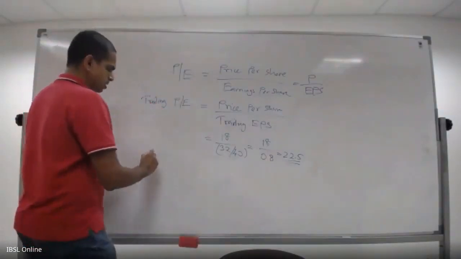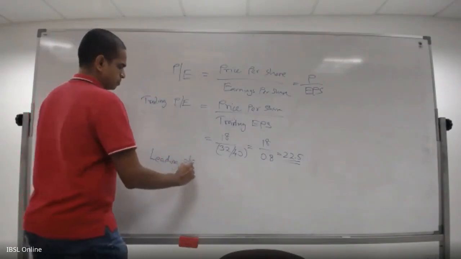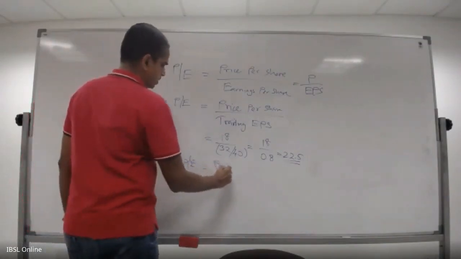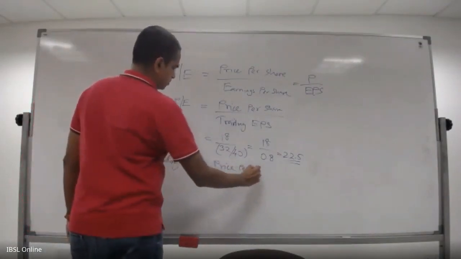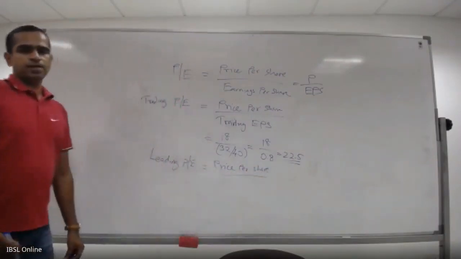Then leading PE is the price per share divided by forecast EPS.